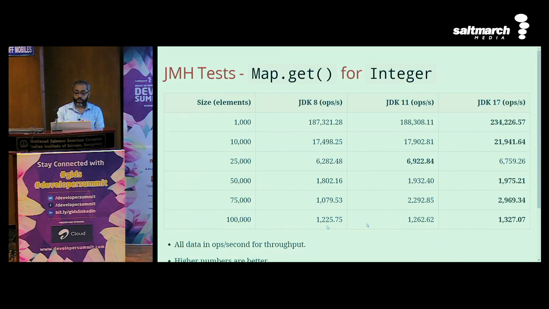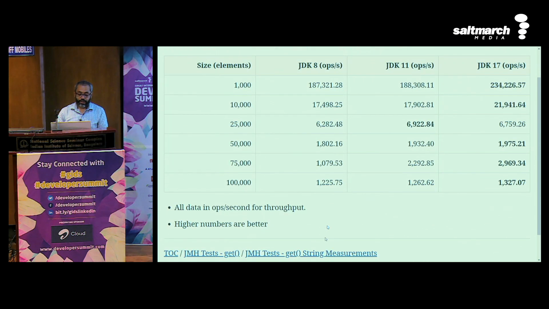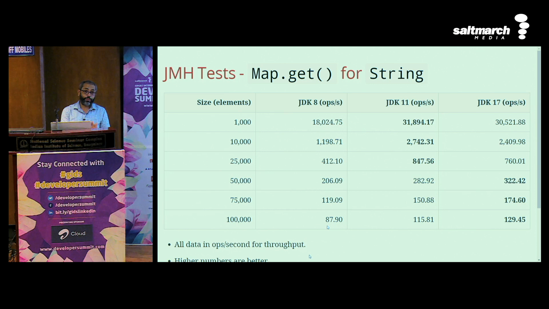And if you look at the measurements, again JDK 17 for integers performs consistently better. There is one blip at 25,000, but I'm just going to call it an outlier and not worry about it too much. But similar to map.put, for map.get as well in strings, from 1,000 to 25,000, JDK 11 is actually performing better than 17, and then 17 performs better from about 25,000 onwards.